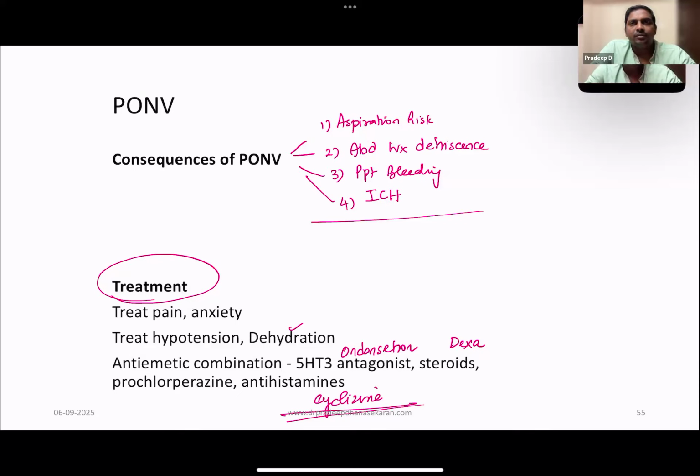The combination drugs will be a 5-HT3 antagonist, that is ondansetron or emesis, with a steroid, that is dexamethasone, and then you add an antihistaminic, particularly first generation antihistaminics like meclizine, cyclizine, chlorpromazine, etc.